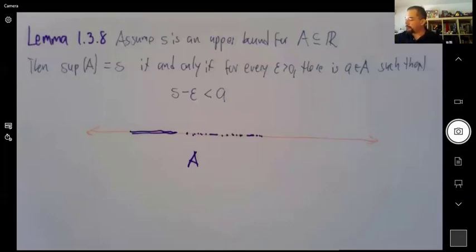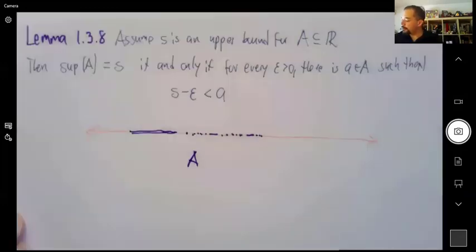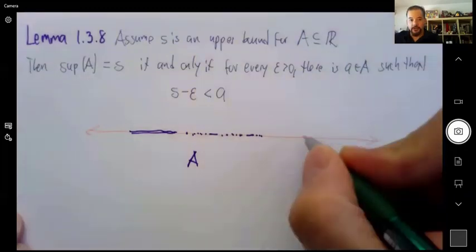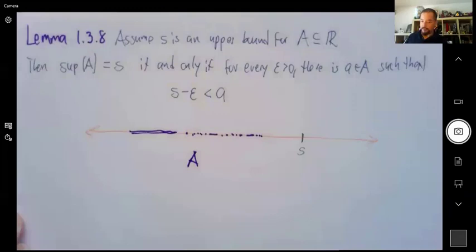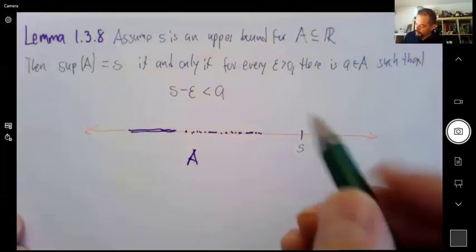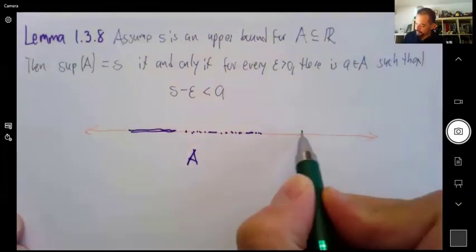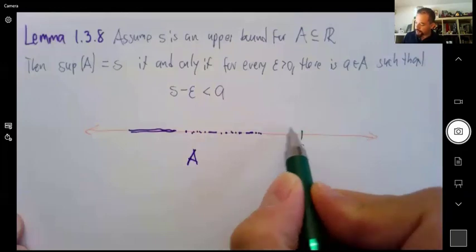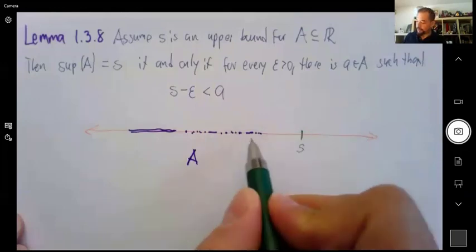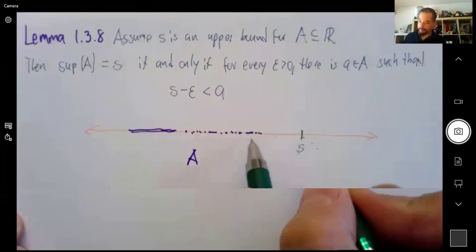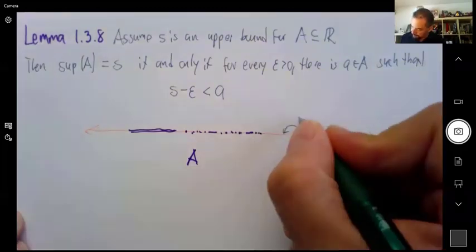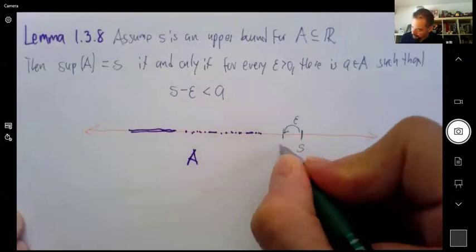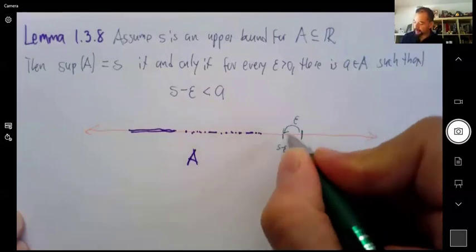What it is saying is the following. You have to have an upper bound with the following property. If you move a little bit to the left, if you move epsilon to the left, you capture someone in A. So this one obviously does not have that property, right? Because here, if I jump a little epsilon this way, and I look at S minus epsilon, I didn't catch anyone here.